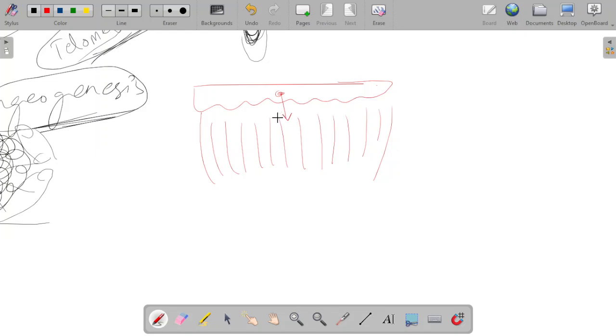Every normal cell functions well in its own area. Like if I put one liver cell into my brain, there will not be a mini liver. Actually, the liver cell will die. Because every cell knows its own parenchyma, its own surroundings.